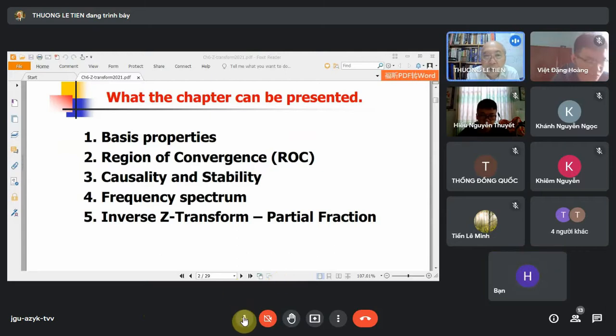Now, the Fourier transform just provides you the omega or f function, but what method do we use to sketch the magnitude and phase of that function?